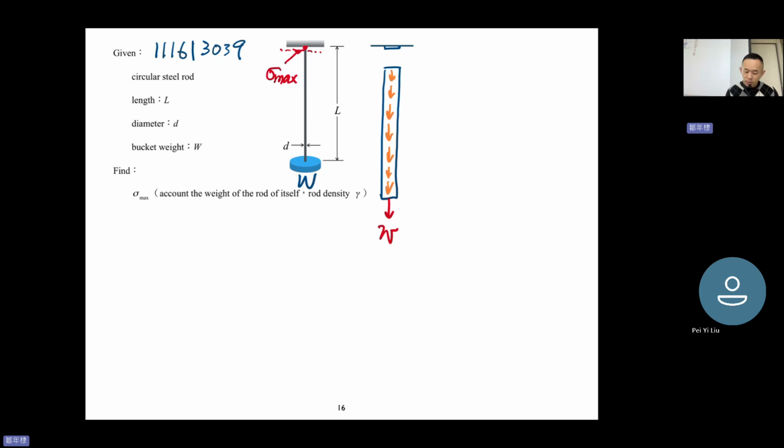So you need to plot a force which can balance to make this part in equilibrium again, so that you can determine the force at that location. And if you have the force at that location, you divide by area, and then you can know the stress at that location. So that's the logic flow. I hope you can understand what I'm talking about.